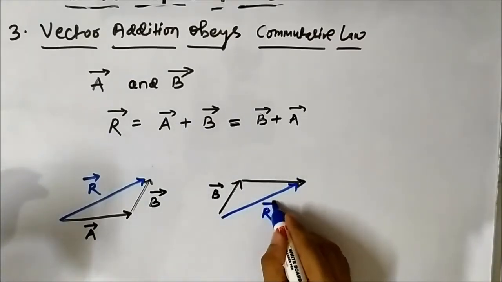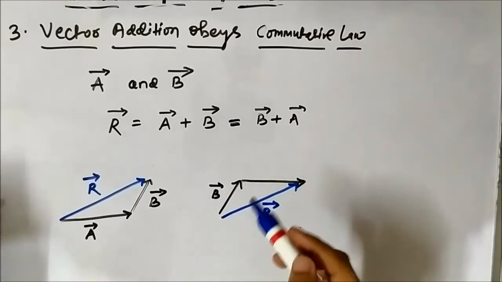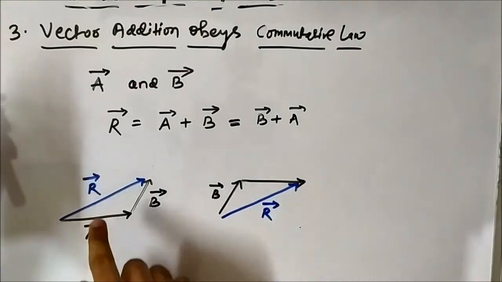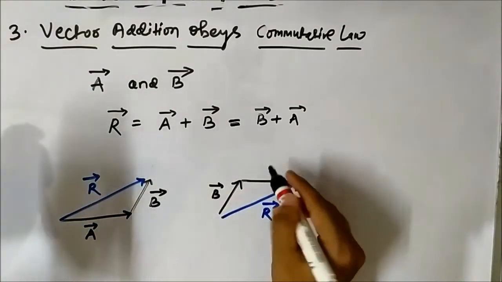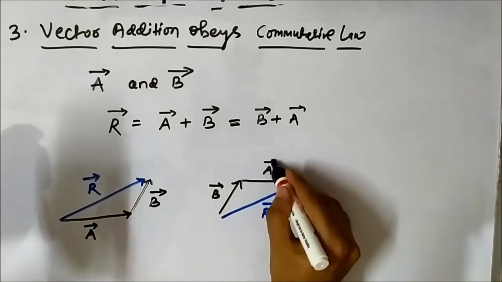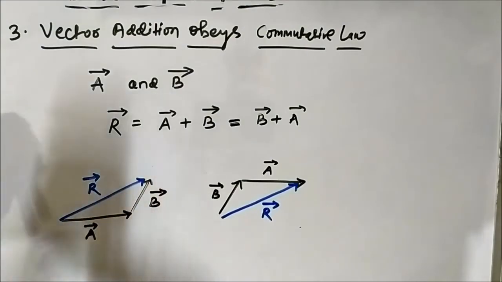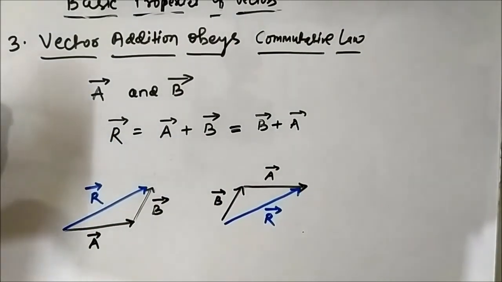Okay, the resultant will stay the same no matter in which order we add the two vectors, first a vector then b vector, or first b vector then a vector. No matter in which order we add the two vectors that are involved, we'll get the same resultant. This is the commutative law.